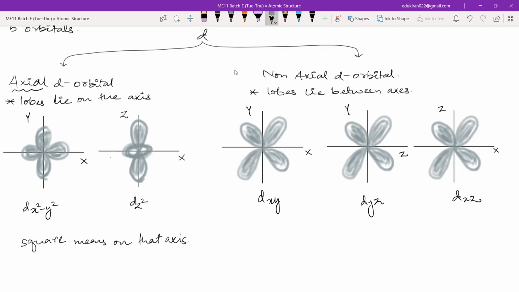But most of the electron density in this particular dz square is present along the z axis. Okay, please write this. Let me know when you're done.